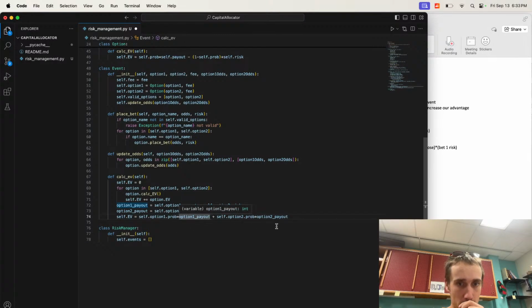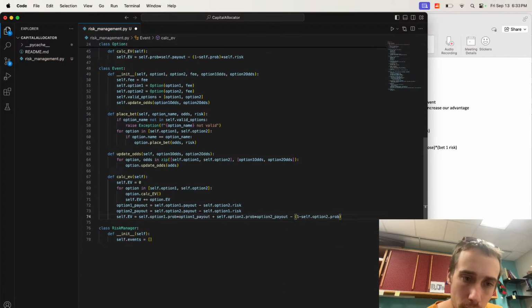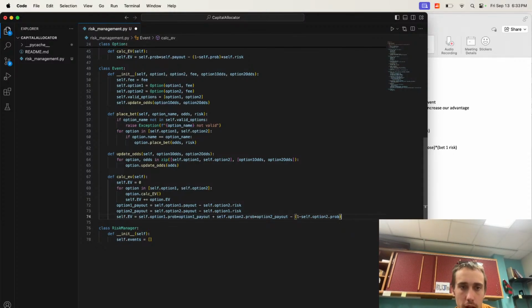So minus 1 minus self dot option 2 dot prob, because that will be a lower probability than 1 minus self dot option 1 dot prob. And then multiply that. Okay, so option 1 payout.